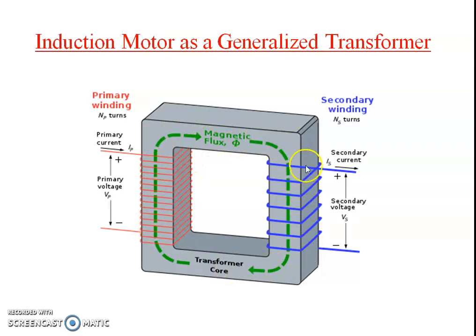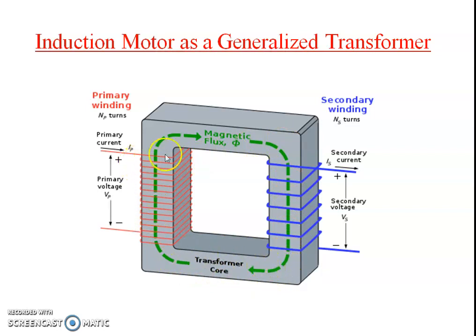Now the transformer core is made up of magnetic material, which as we know is silicon steel. Silicon steel, or simply a magnetic material, has a very low reluctance path. Reluctance means opposition to flux. So this transformer core has a very negligible reluctance path.